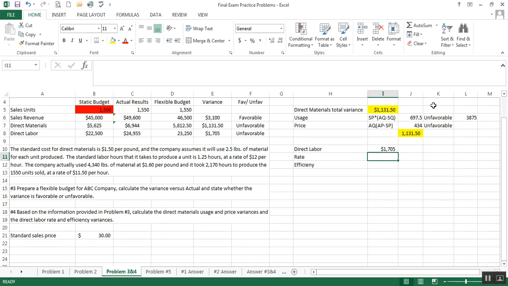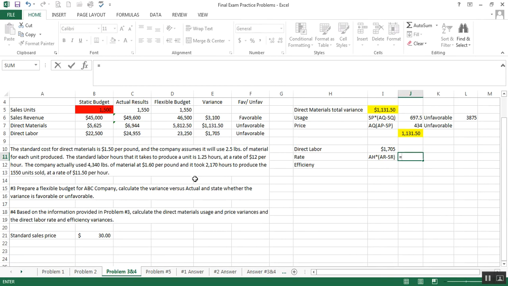The rate formula is our actual hours times our actual rate minus our standard rate. Sorry, I wrote that wrong.